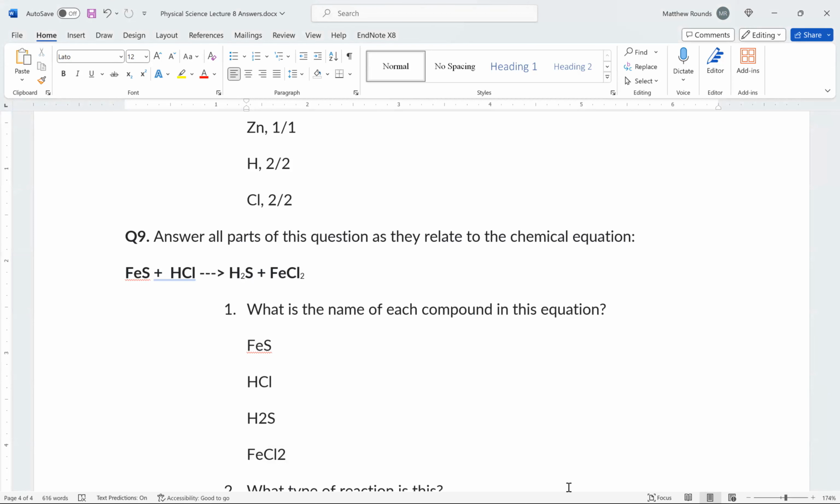Okay, the first one is iron sulfide. You'll just type it, please. Go ahead and put that in the chat. I'll just type them all in and then I'll send them to you. Sounds good.